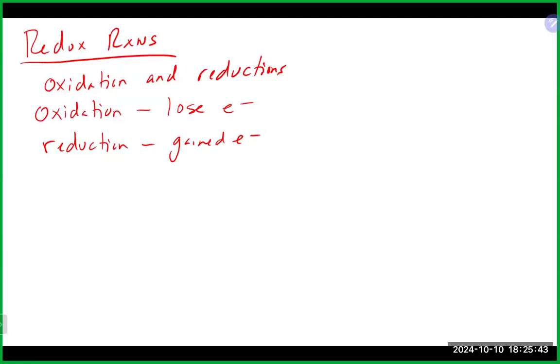If you go off to organic chemistry, you'll see the other two definitions, which is oxidation could mean that you gain oxygen as you go from reactants to products, or you lose hydrogen, H2, as you go from reactants to products. Reduction is the opposite definition. In that case, you will lose oxygen as you go from reactants to products, or gain hydrogen.